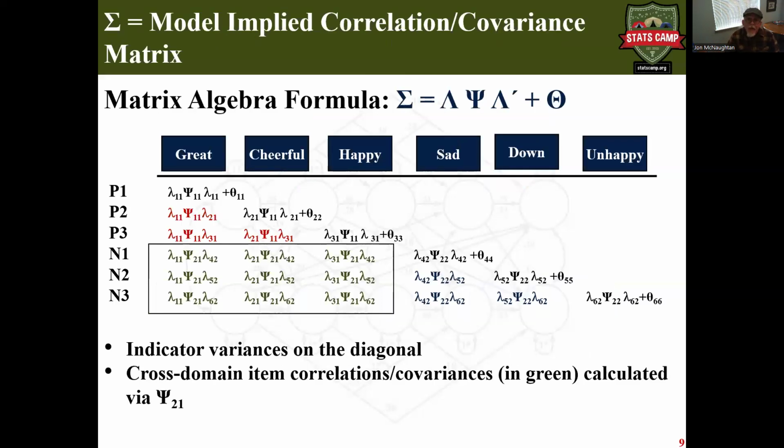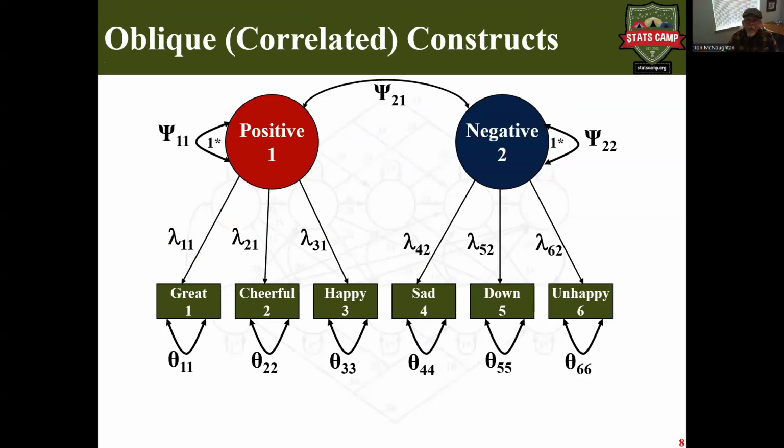Now, we have what's called the model implied correlation or covariance matrix that is derived from the particular model that we were just looking at. So all these parameters, I've labeled them lambda 1,1, 2,1, 3,1, 4,2, 5,2, 6,2. They all have particular meaning. Now, I can reproduce the matrix sigma, which is the model implied matrix, by basically putting my finger on one of these boxes, going up a line.